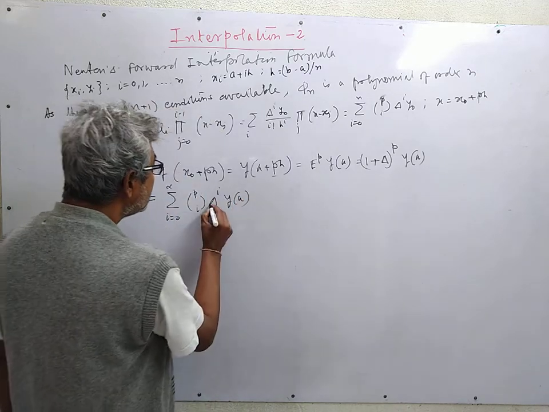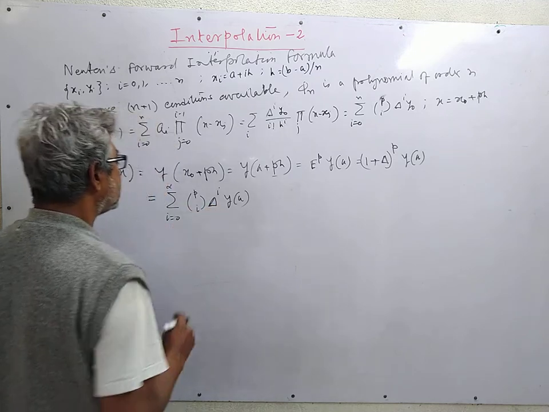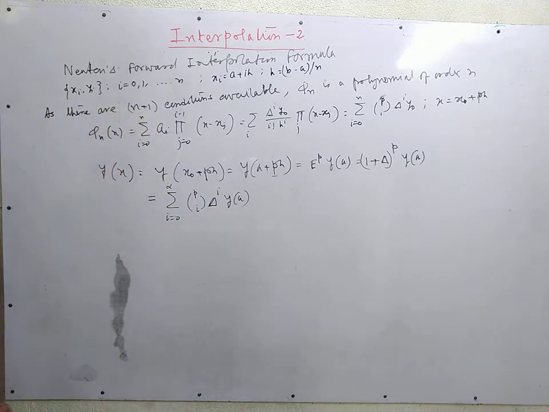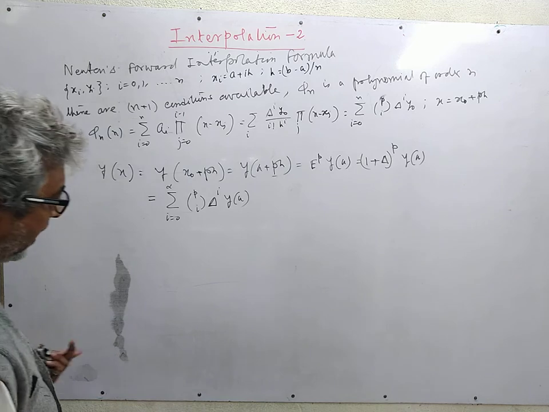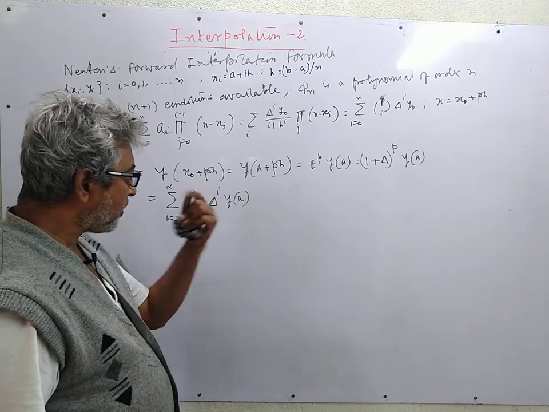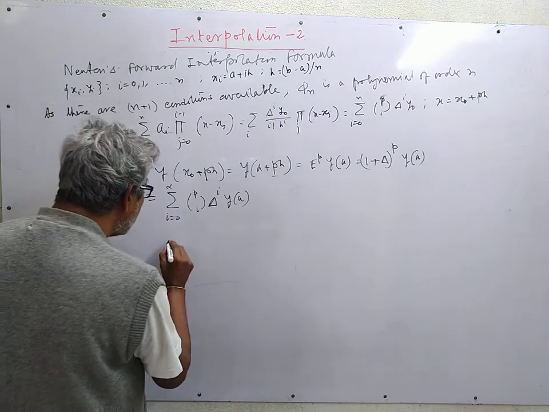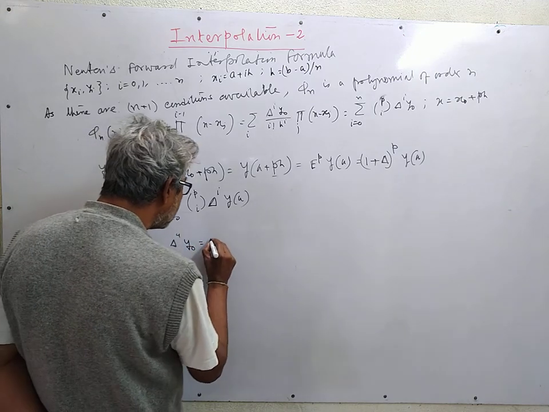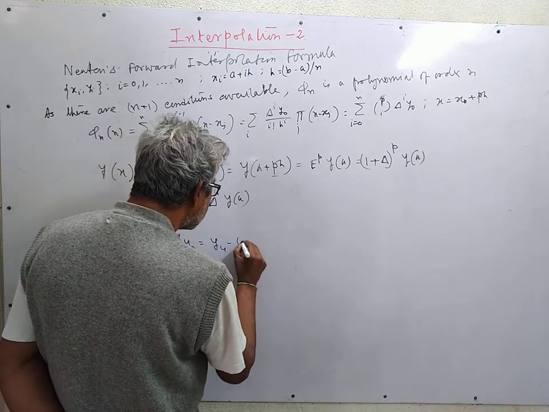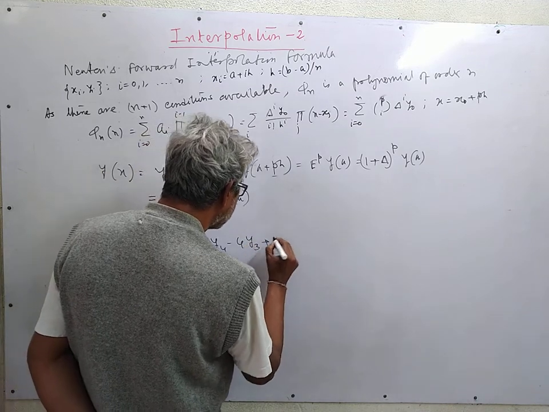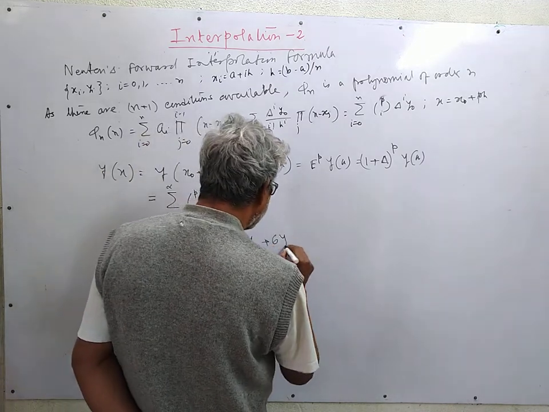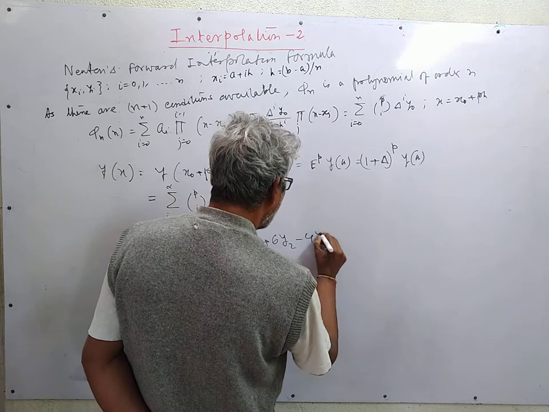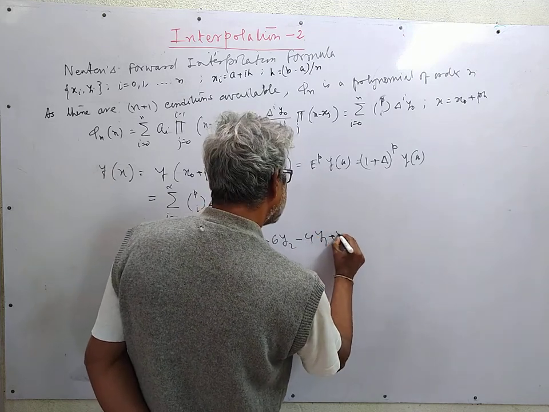Now this is the analytical expression, but if we want to calculate delta 4 of y0, this is y4 minus 4y3 plus 6y2 minus 4y1 plus y0.